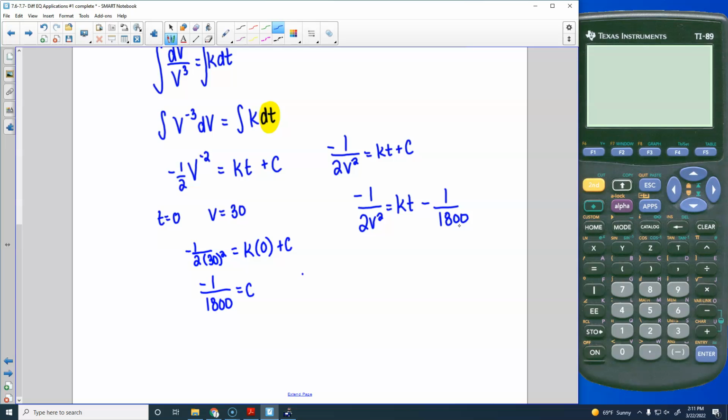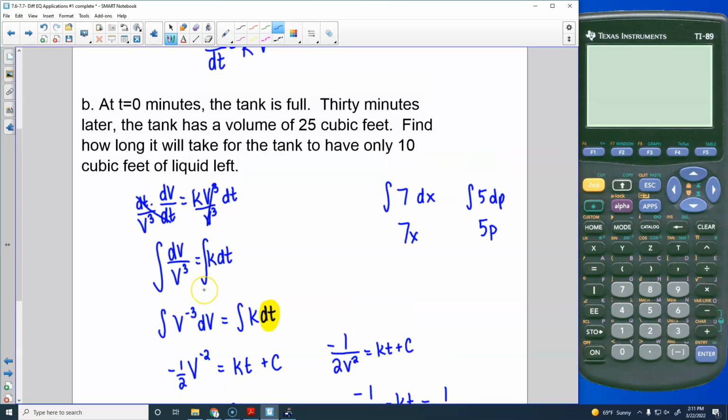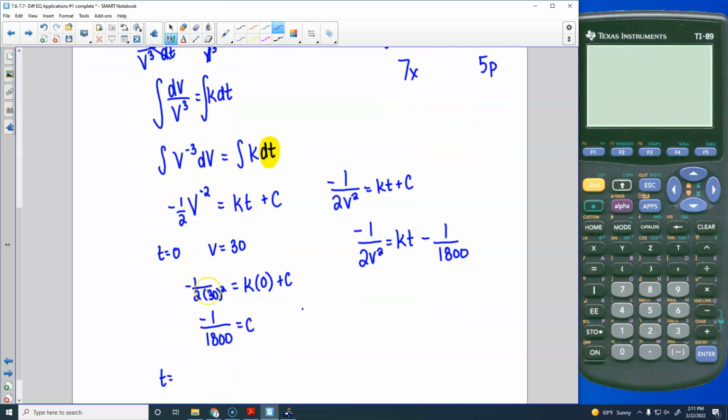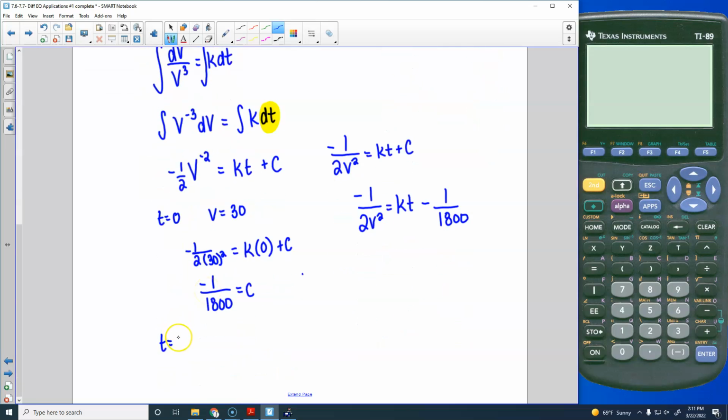Then we've got another piece of information at t equals, what was that time? 30 minutes. The tank has a volume of 25 cubic feet. You have an option of using minutes, or you could use hours.